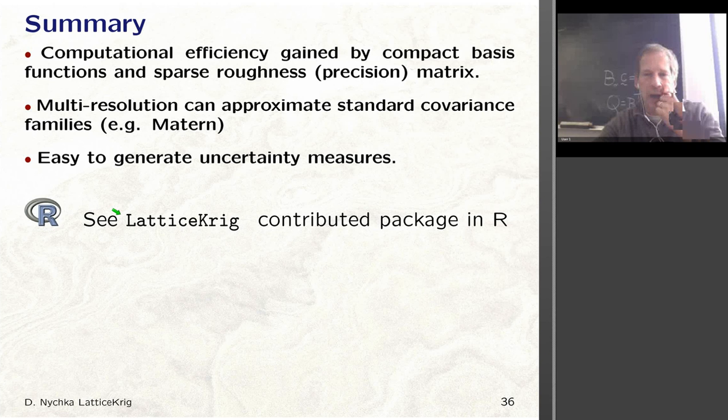But exactly what it is, basically you just get what you get. But as I said, there are these weighting schemes that, at least in an approximate way, allow you to choose a lattice Krig model that's like a particular Matern.